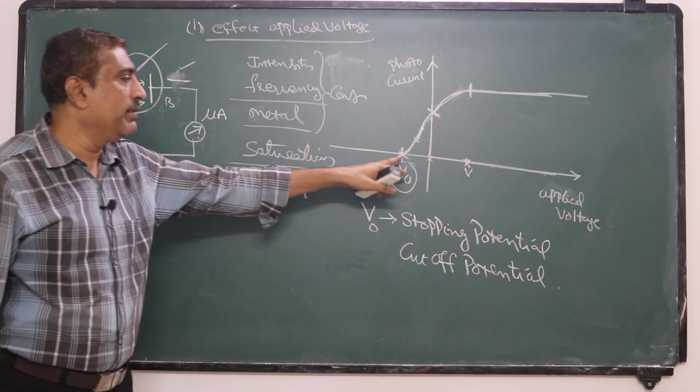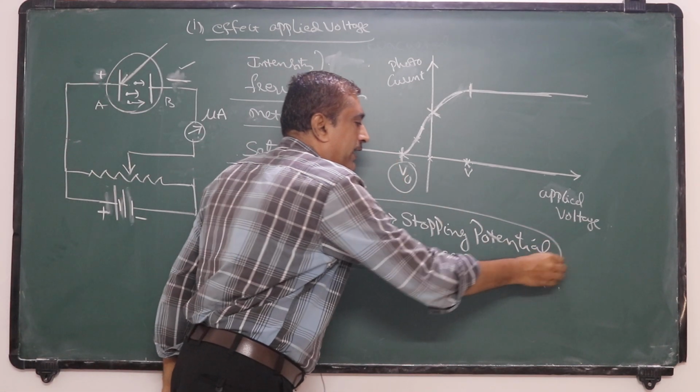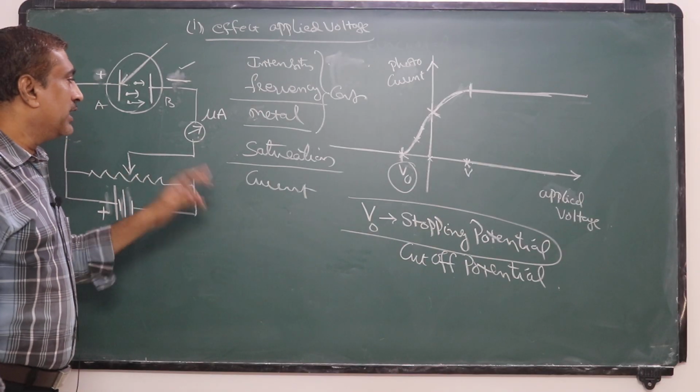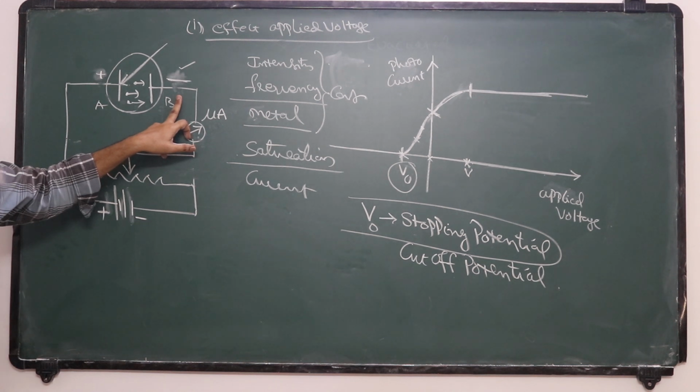Now if we increase this negative potential, the photocurrent remains 0. So stopping potential is defined as the minimum negative potential that is to be applied so that the photocurrent becomes 0.